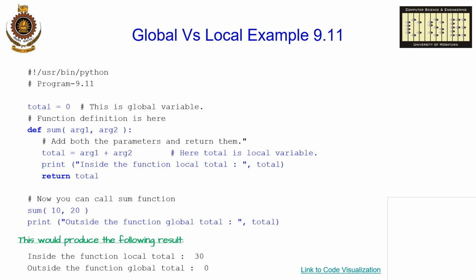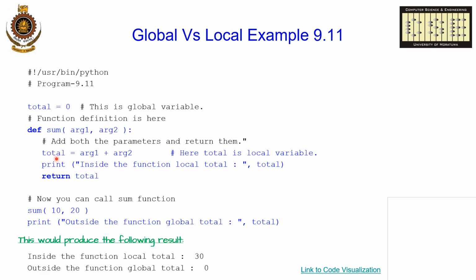Let's look at a coding example where we see global scopes and local scopes of variables. In this small program, we have a global variable, and then we have a function sum with arguments arg1, arg2. Inside that, we have this variable named total that takes the sum of these two arguments.